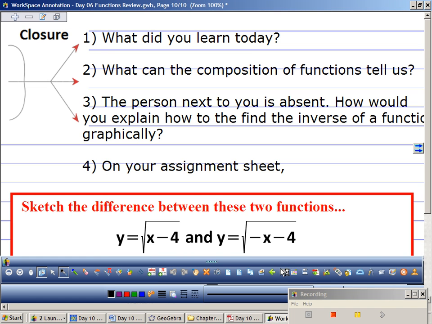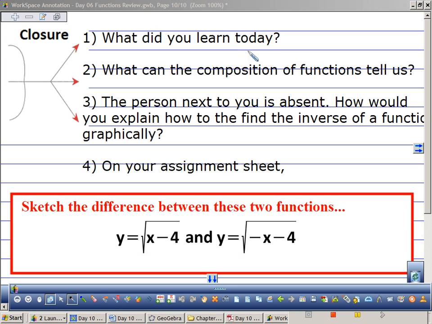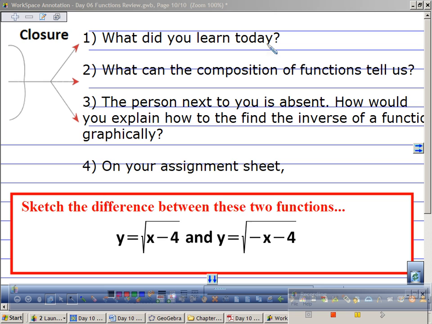Okay, so let's go to our closing thought. Nobody move? What did you learn today? Function review. What can the composition of functions tell us? How can I use composition of function? To tell me whether or not they're inverses of each other. Awesome, got that one.